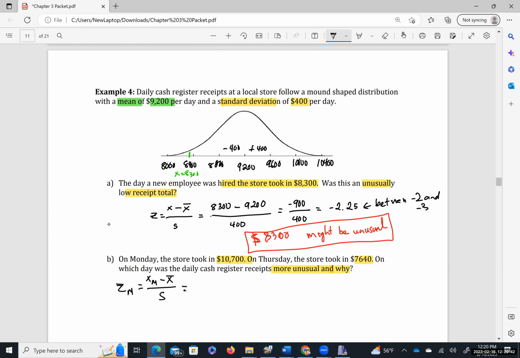So x Monday was 10,700, minus the mean, which was 9,200, and I divide by the s, which is 400.